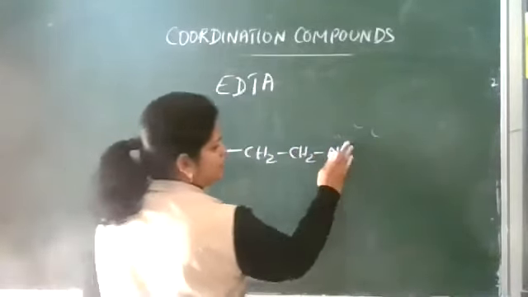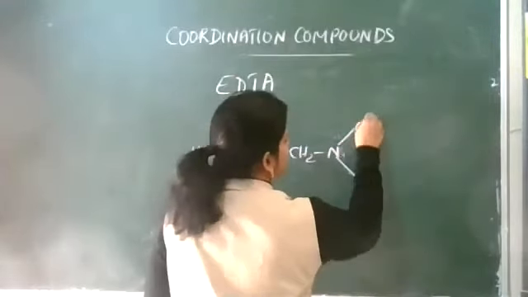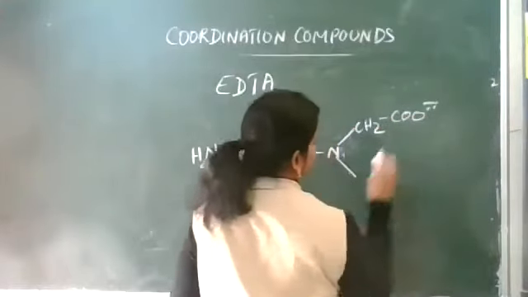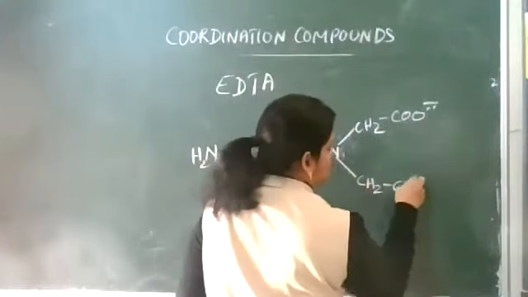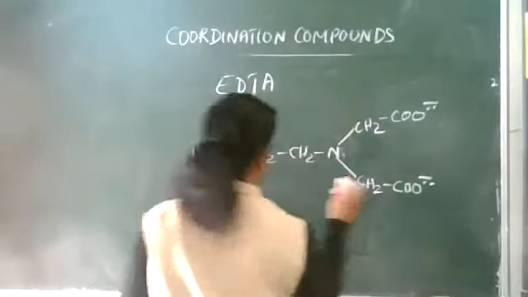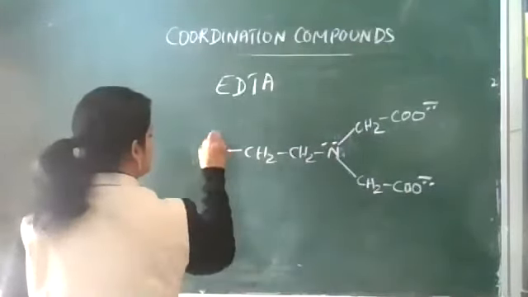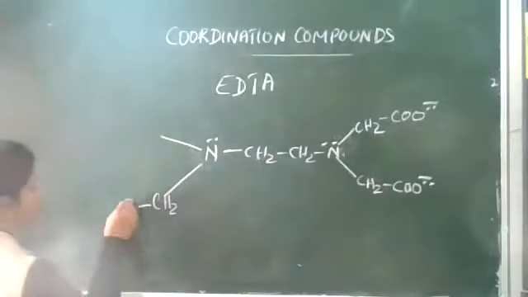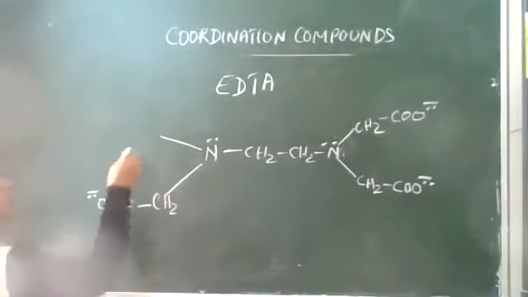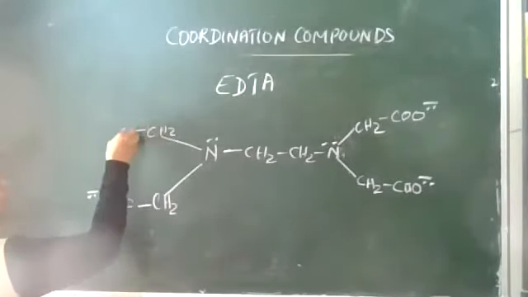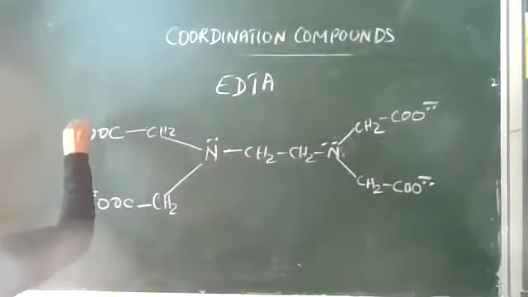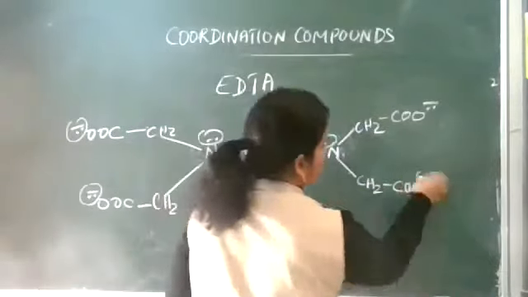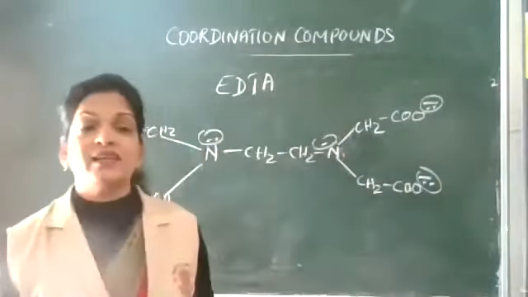I'm replacing the hydrogens by bonds to acetate, since it is acetic acid: CH2, COO minus. Here again, I am replacing these two by CH2, COO minus, and CH2, COO minus. Now you see 1, 2, 3, 4, 5, 6. This is a hexadentate ligand.